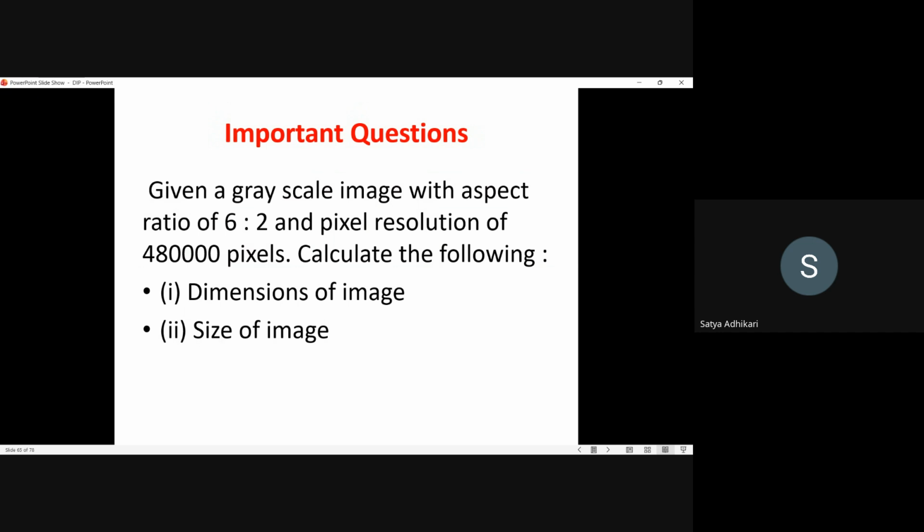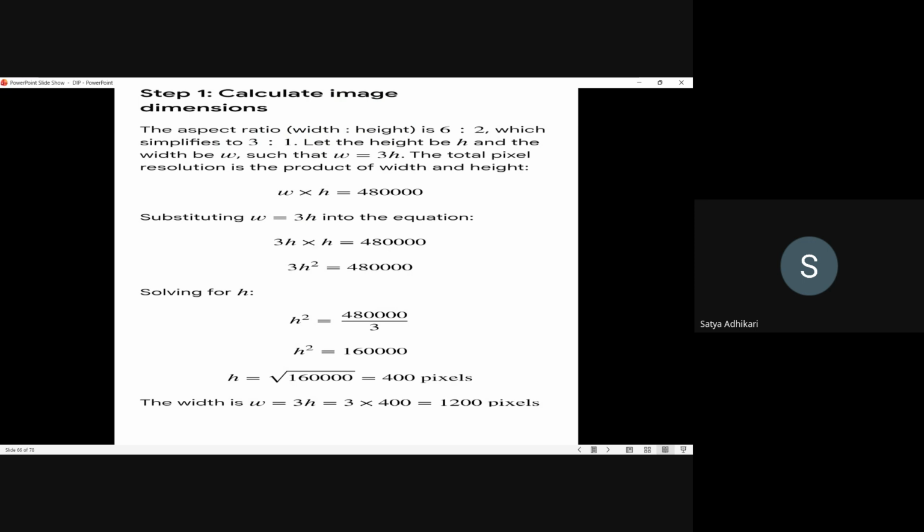Given a grayscale image with aspect ratio 6:2 and pixel resolution of 4,80,000 pixels, calculate the dimension of the image and the size of the image. So this is the question: the aspect ratio is given and the resolution is also given. Now the question is to find the dimension of the image and the size of the image. You see here.